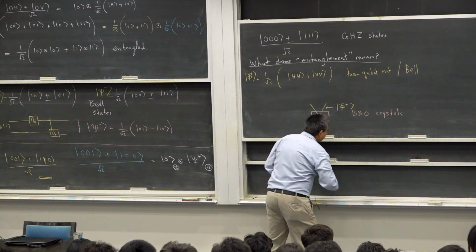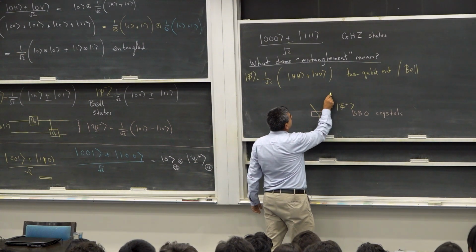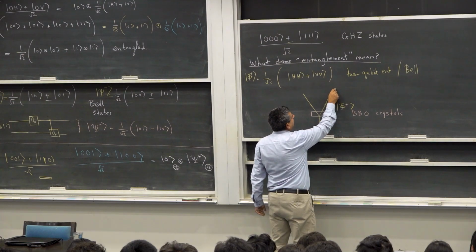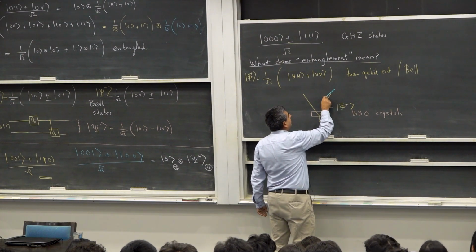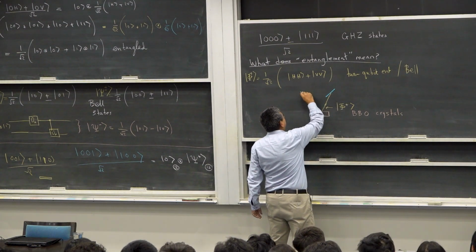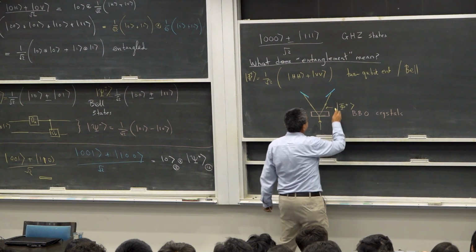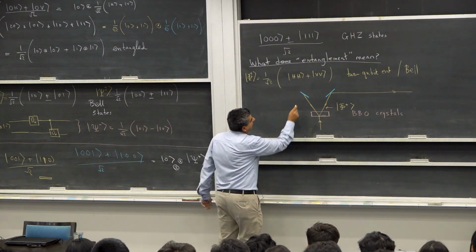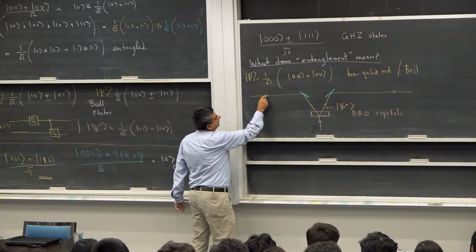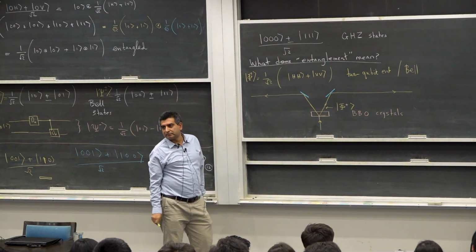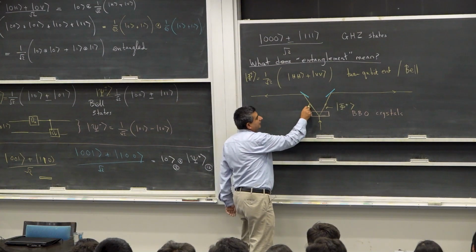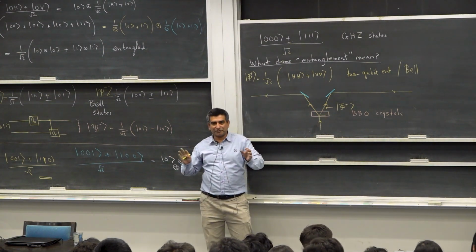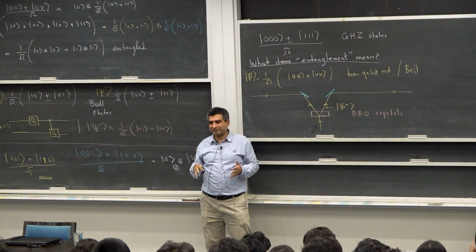So what I do next is I take these two photons and change their orientations a little bit. So one photon goes here and the other photon goes to the other side. And we're talking not about the paths of the photons, we're talking about the polarization degree of freedom.